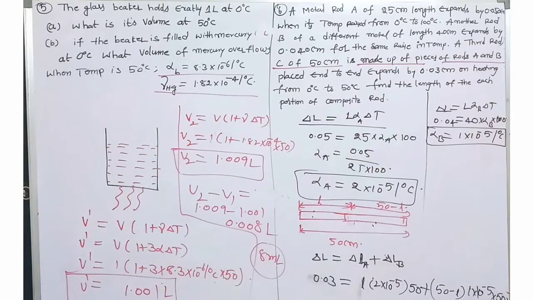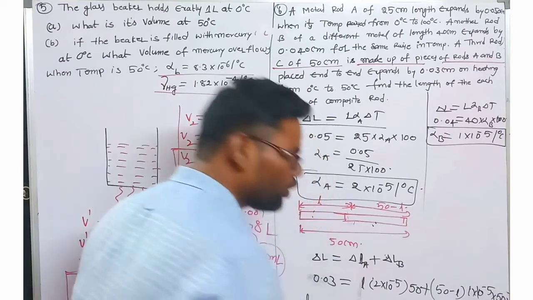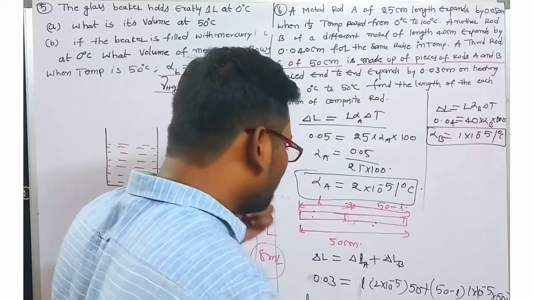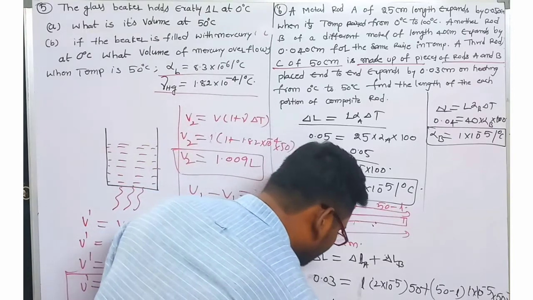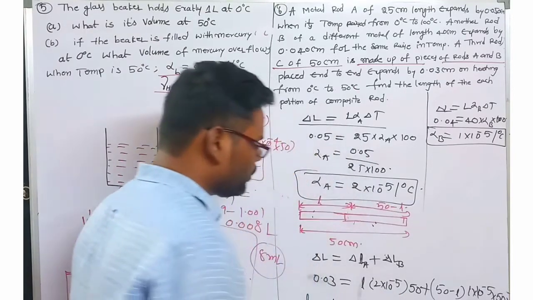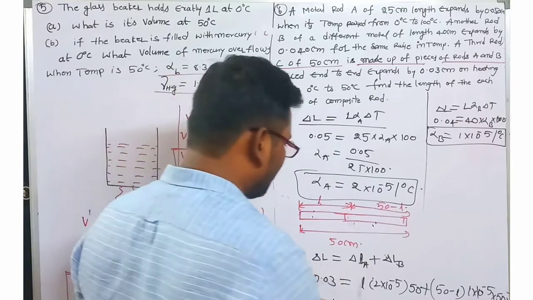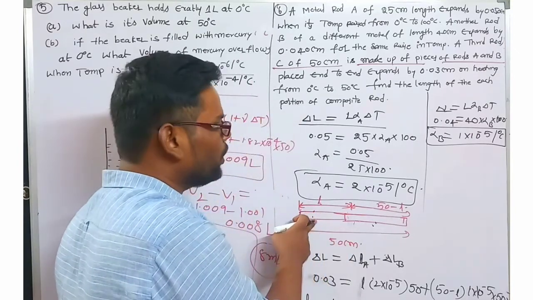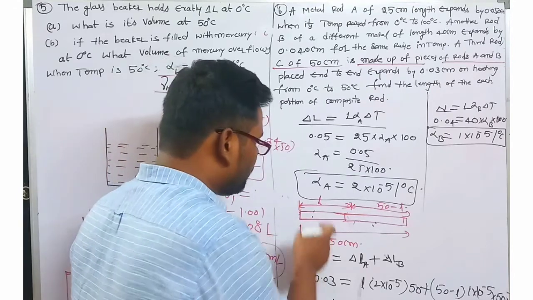If you solve this, we are able to get the L value. So L is equal to 10 centimeters. That means this is the length of the piece of rod A in the composite rod.